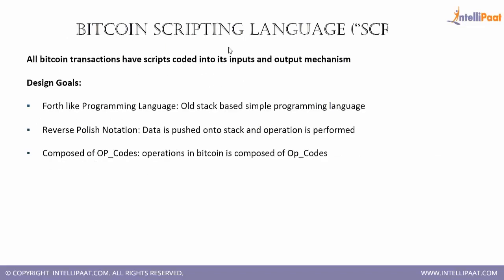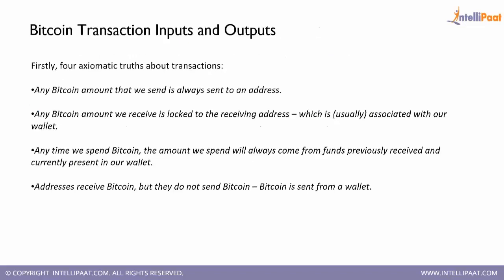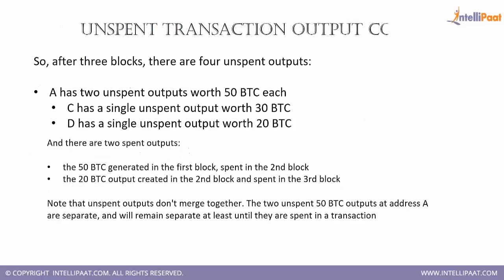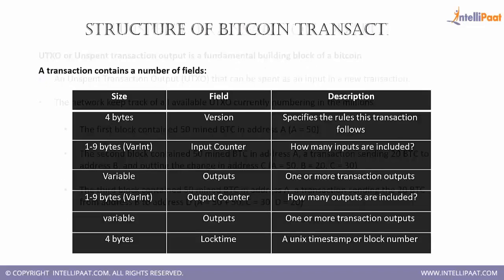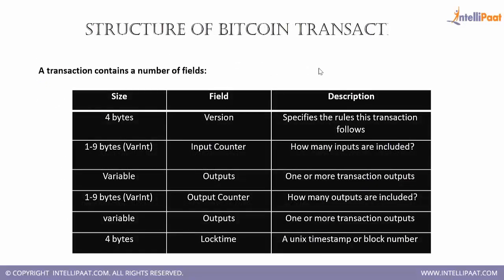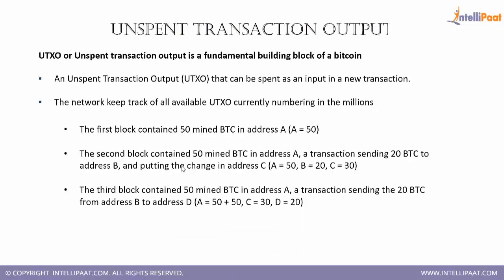Now we go to the Bitcoin scripting language. All Bitcoin transactions have scripts coded into their input and output mechanism. We talked about inputs and outputs, and this is how a typical Bitcoin transaction structure looks.